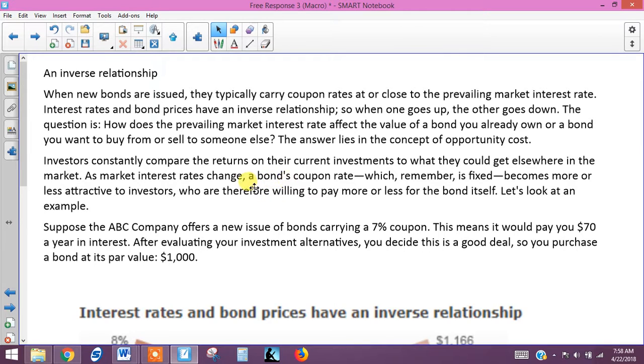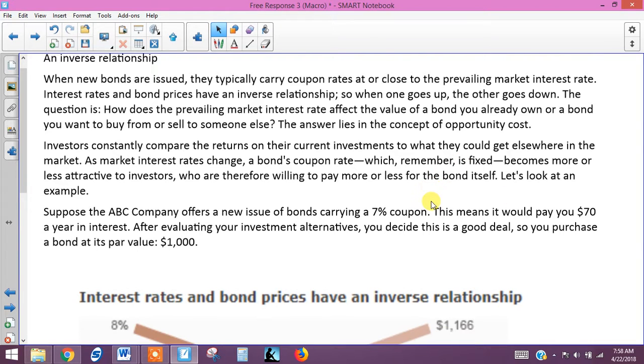So remember, when you buy a bond, the rate is fixed for the life of the bond. So as the interest rate of a bond goes up, it becomes more attractive; as the interest rate goes down, it becomes less attractive, because that's the return they're going to get on their money.